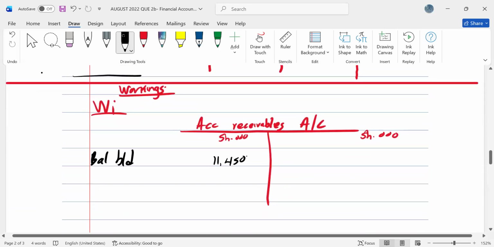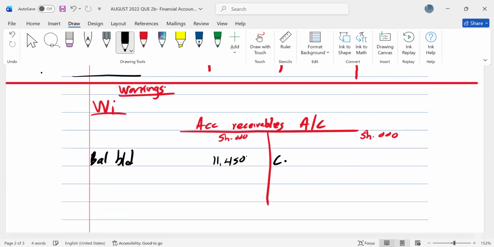We call it cash stroke bank, so we assume they paid either via cash or via bank. Cash stroke bank, that is 98,810.